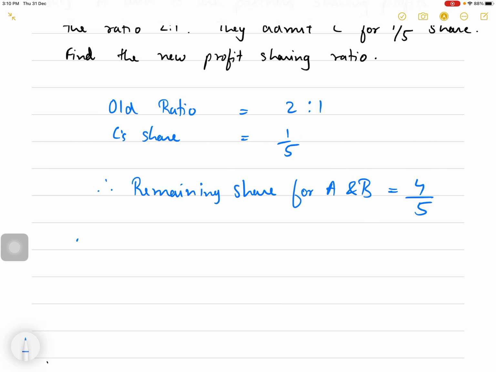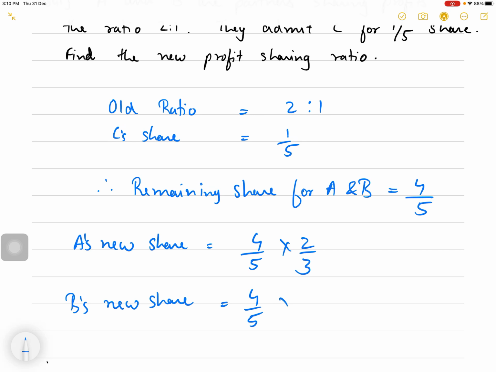So A's new share will be 4/5 into 2/3, and B's new share will be 4/5 into 1/3.